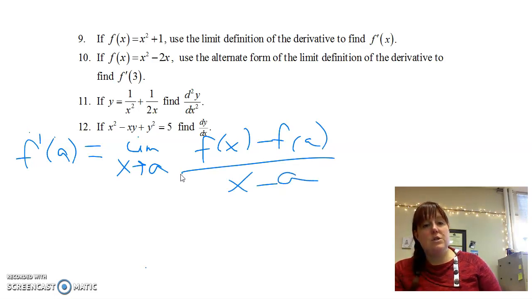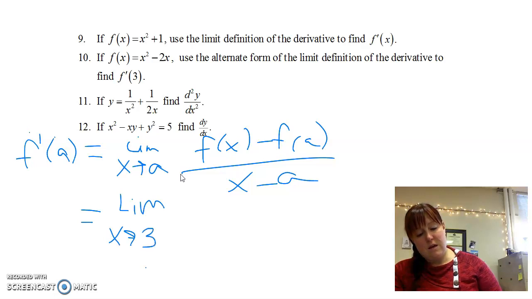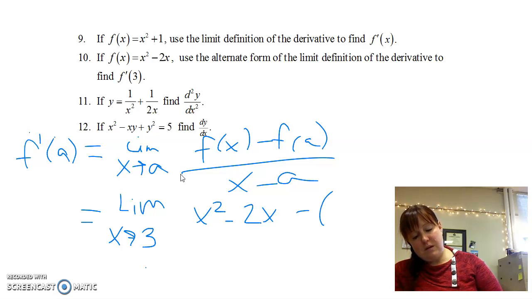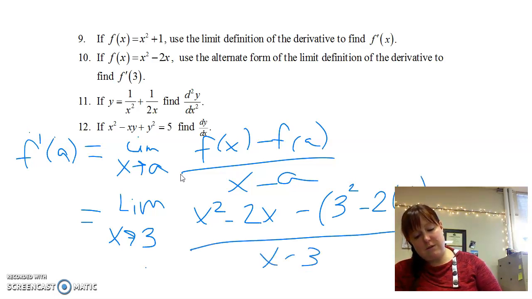Okay, so let's just plug this in, right? So we have the limit as x approaches 3 of f of x, which is x squared minus 2x, minus f of a, which would be 3 squared minus 2 times 3, all over x minus 3.